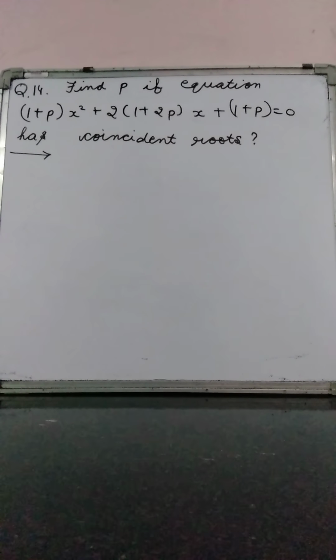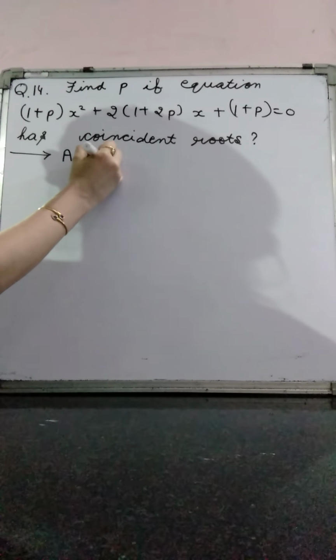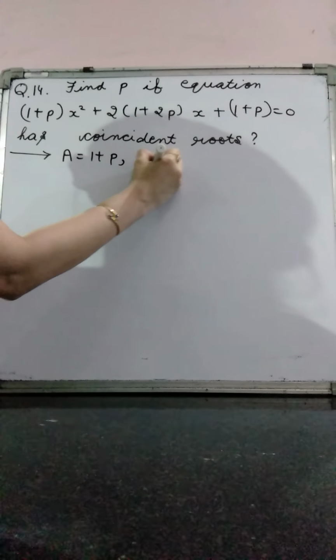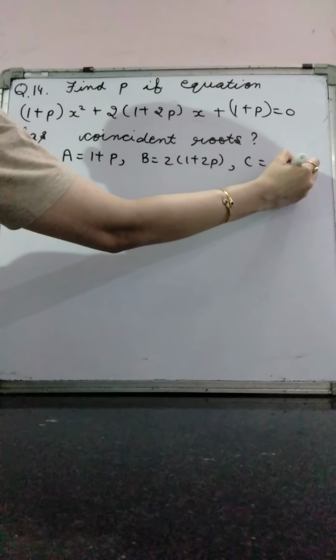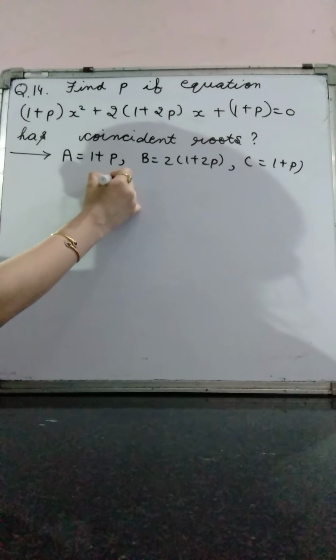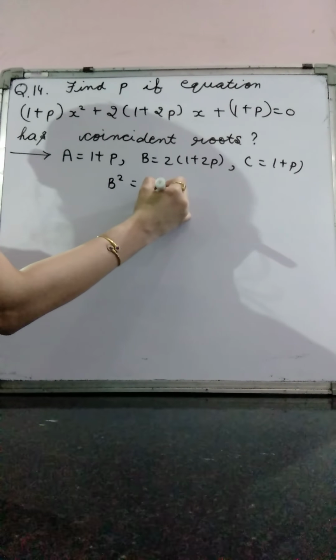Next question is find p if this equation has coincident roots. First of all, compare and get the values of a, b and c. Coincident roots, the condition is b square is equal to 4ac.